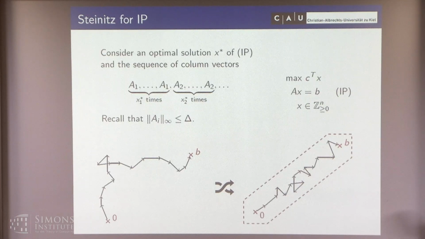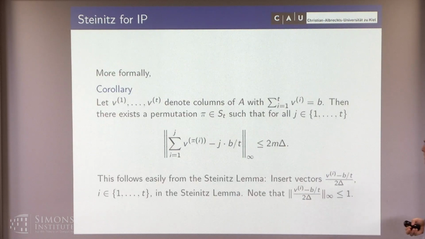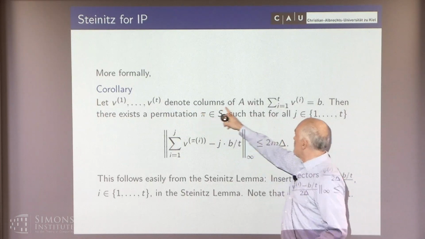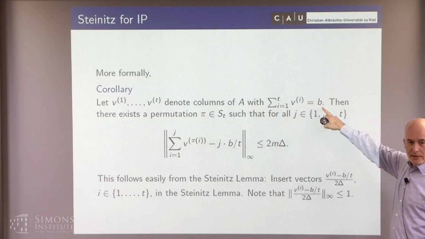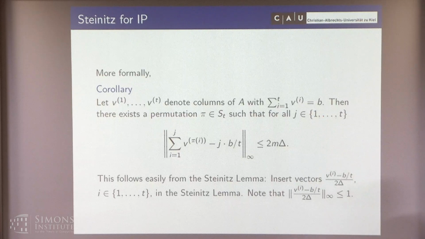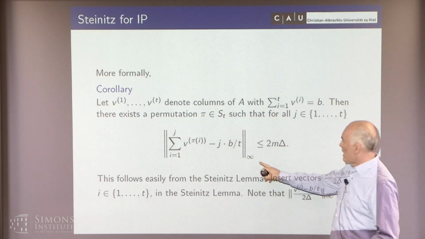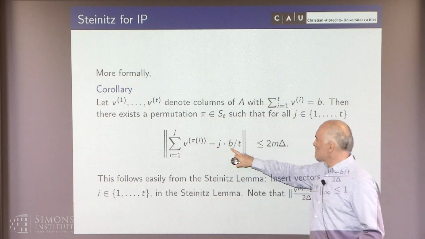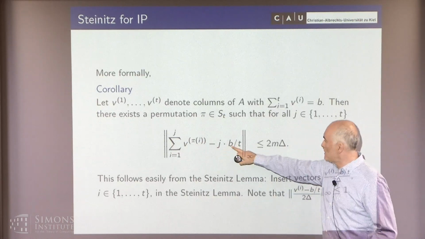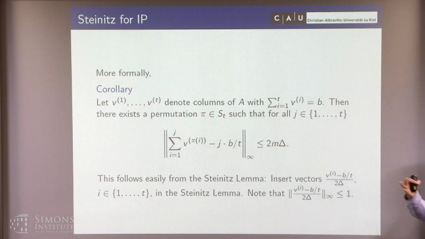Okay, so how can you prove this formally? That's also not so complicated. If you look at the columns of A where your sum is b, that's your optimal solution, then you can find a permutation where the partial sums are close to the diagonal, b divided by T, by a bound 2m delta. It works as follows. You take these vectors, v_i minus the right-hand side divided by the number of vectors.